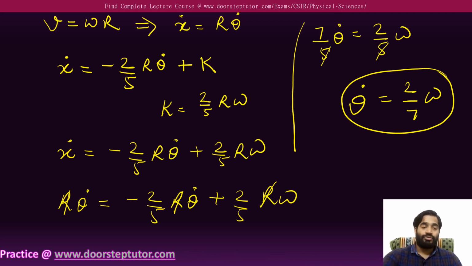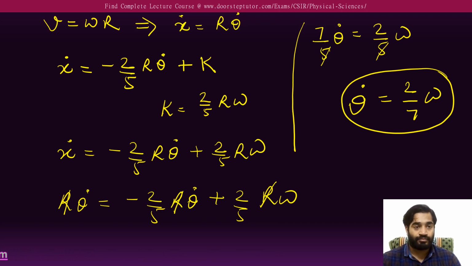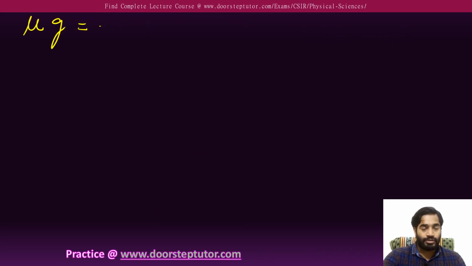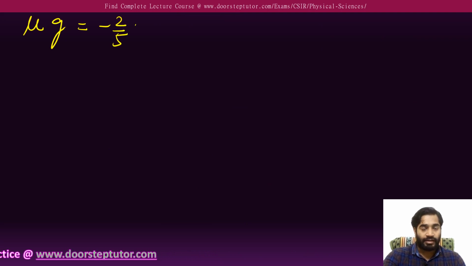Now coming to what we want to find: the time at the point of contact for slipping. As we already found, mu g is equal to minus 2 by 5 r theta double dot.